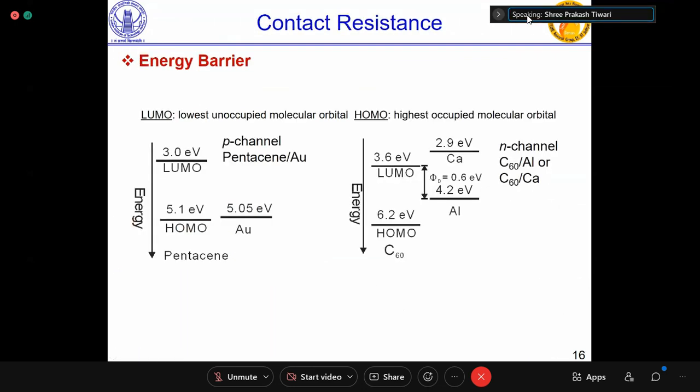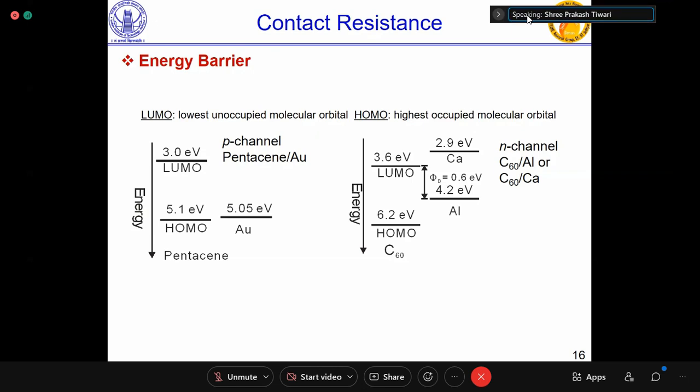So contact resistance we discussed. What is this contact resistance, which is not there in the conventional devices? Now contact resistance is coming from energy barrier. This energy barrier between source and semiconductor, you have to know what are the levels we are talking about.